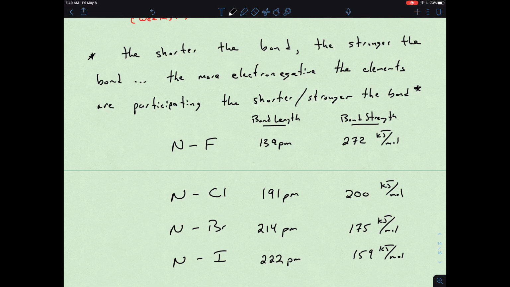So there's that relationship that we see at the top, right? That the shorter the bond, the stronger the bond. The more electronegative the elements, again, the shorter and stronger the bond. So that's the deal with looking at simple covalent structures and getting a little bit more into the bonding scenario.